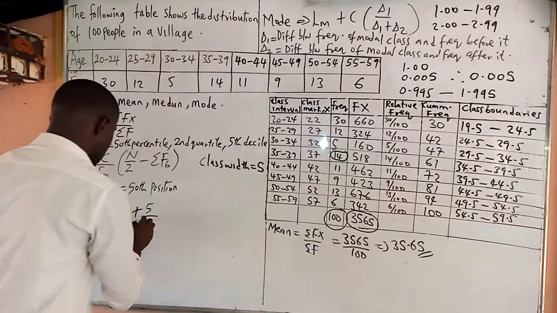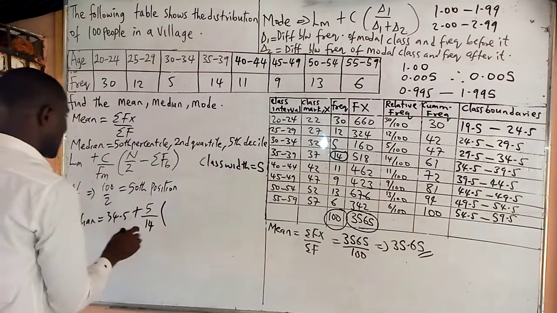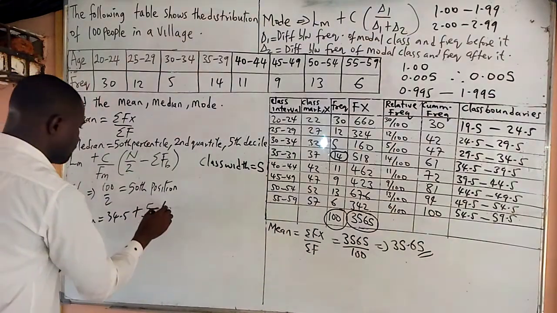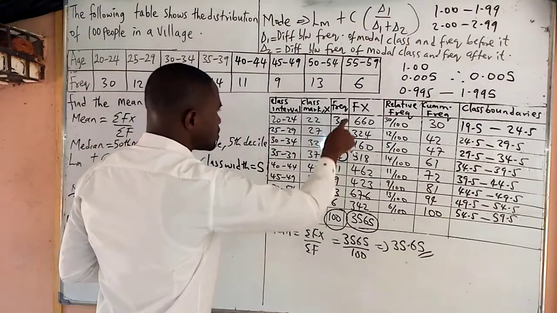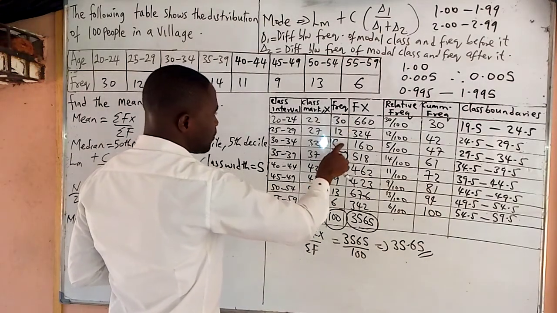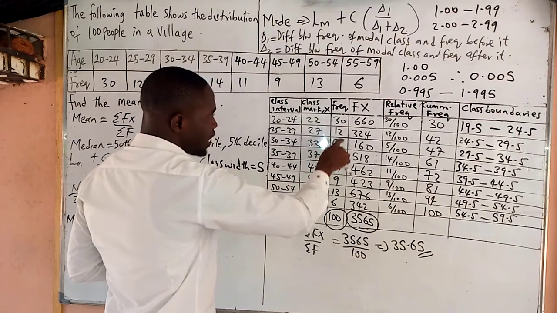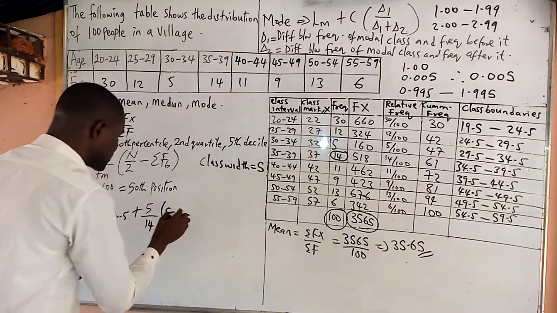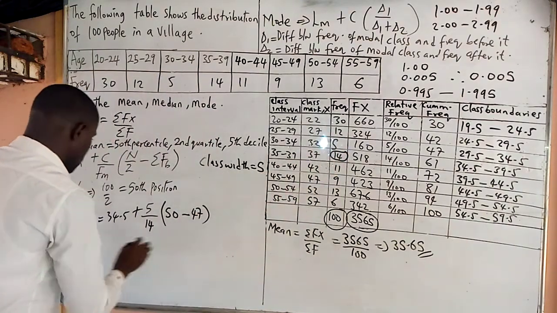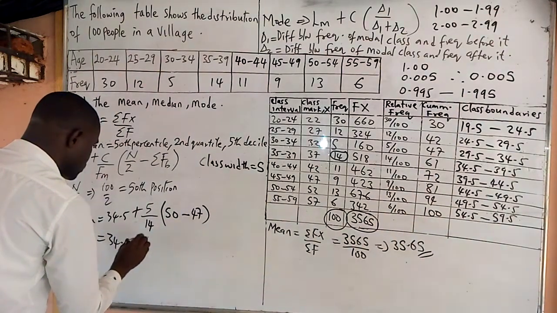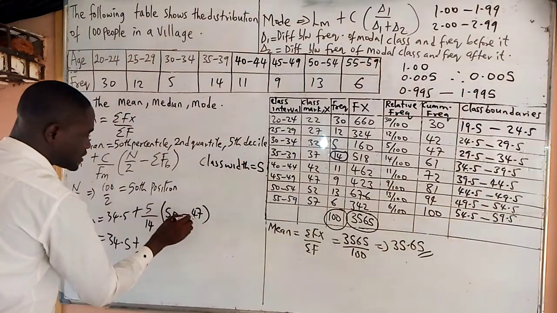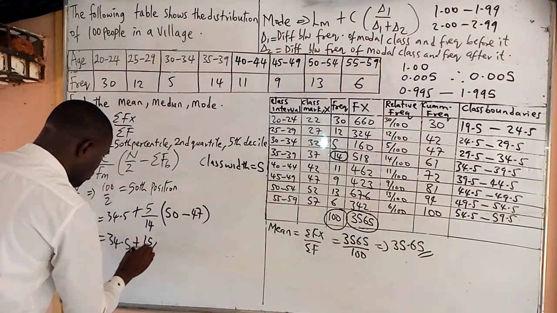Frequency is 14. Bracket n over 2, that is 50, minus summation of frequency before the median class: 30 plus this 42 plus this 47. So total frequency before the median class is 47. So our answer will be 34.5 plus 5 times 50 minus 47, that is 3 times 5, 15 over 14.